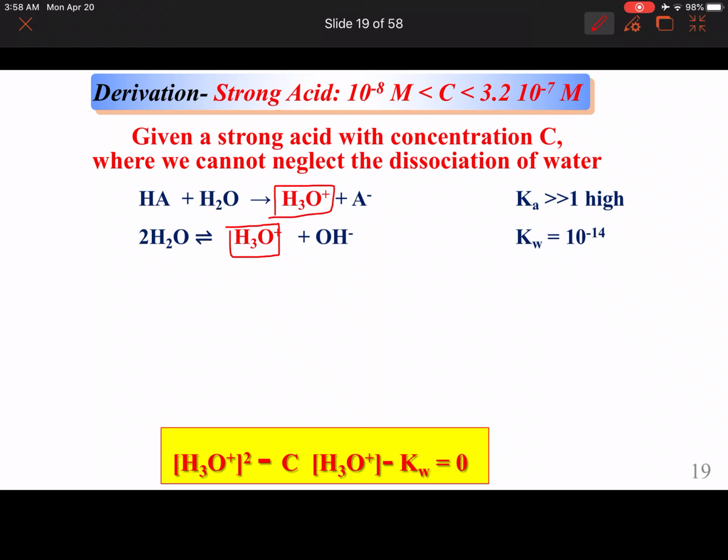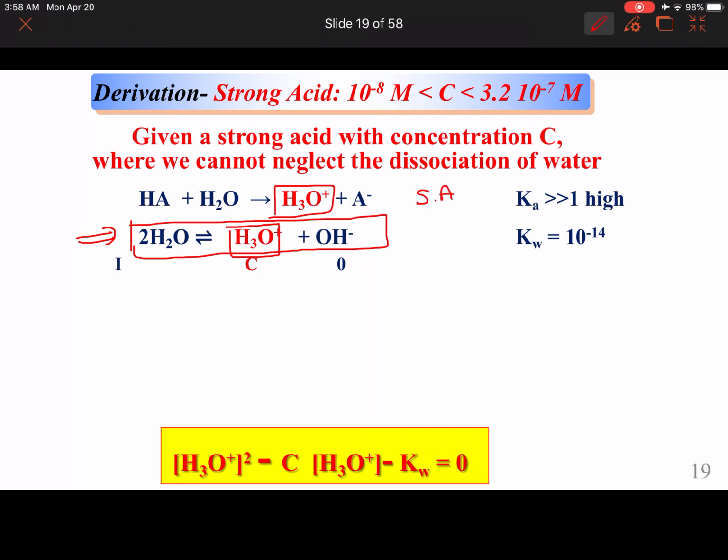Okay, so how do I solve for the pH? Well, I find that the easiest way is just to first consider only the equilibrium of the water, the autoionization of water. So we're only looking at this reaction. And we're going to say that since this is a strong acid, right?